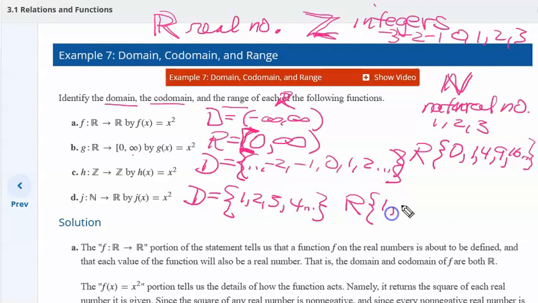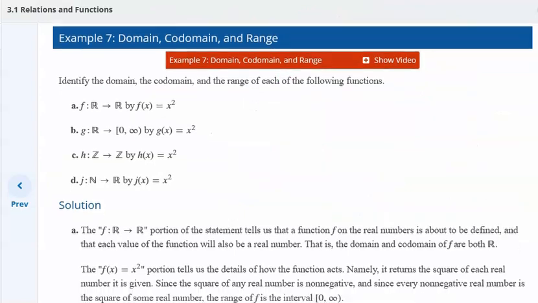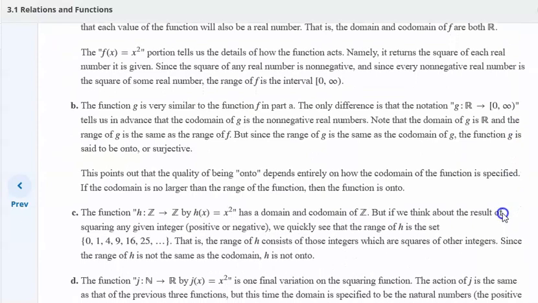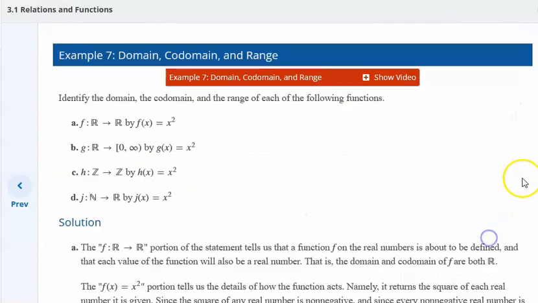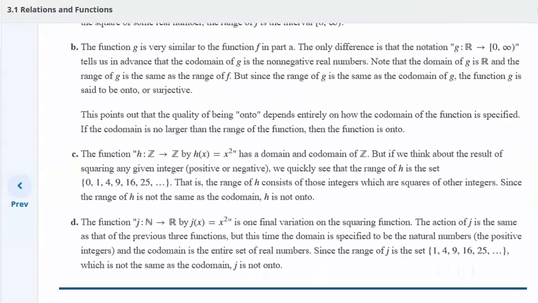So it'd be 1, 4, 9, 16, and once you set up a pattern, you can just put the ellipsis indicating that that pattern continues. Now the book does a nice job of explaining this, and I will bring it down here so you can see the various answers. Somehow it escaped me there for a moment. There we go.